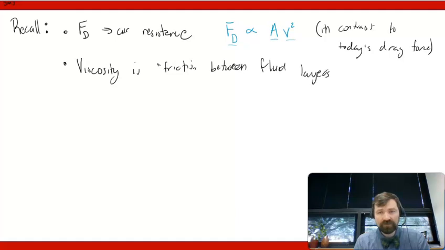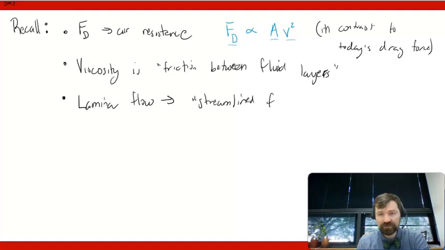Third thing to recall is that we like to work in the laminar regime. So laminar flow basically means that we have a streamlined fluid flow, and that includes around an object.